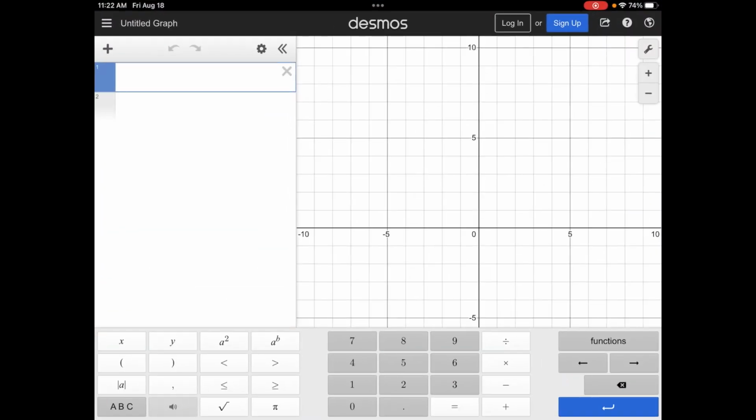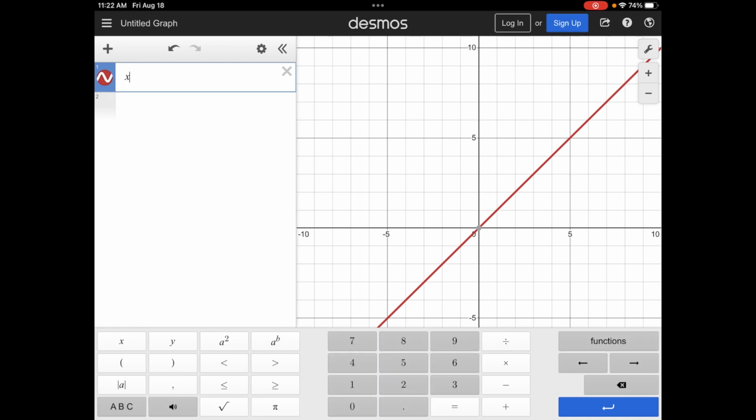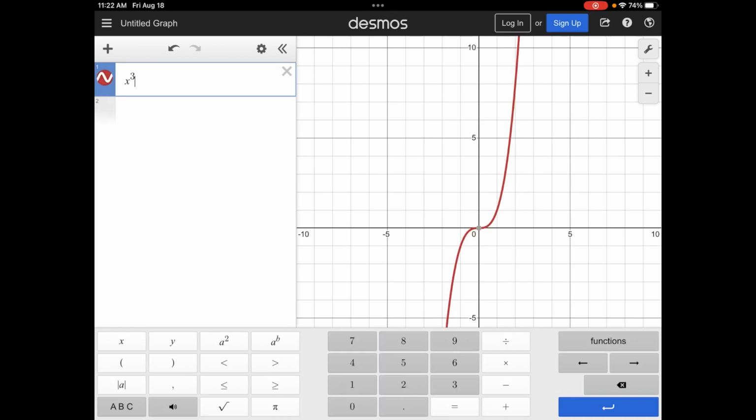Let's see this in graph form. So I'm just going to grab Desmos here and substitute into Desmos: x cubed plus y squared equals 1.